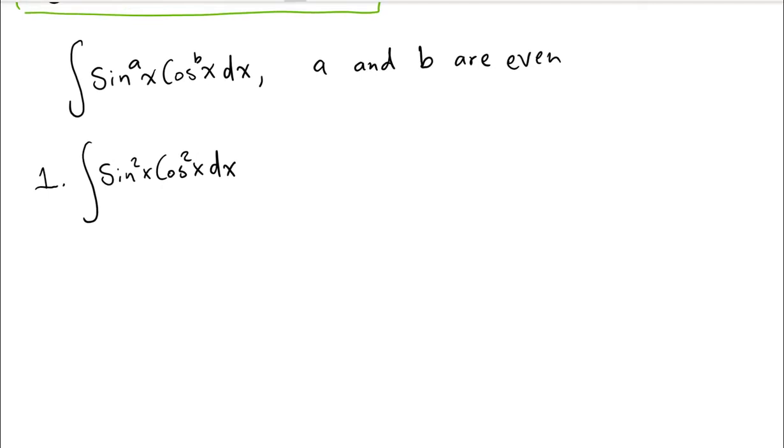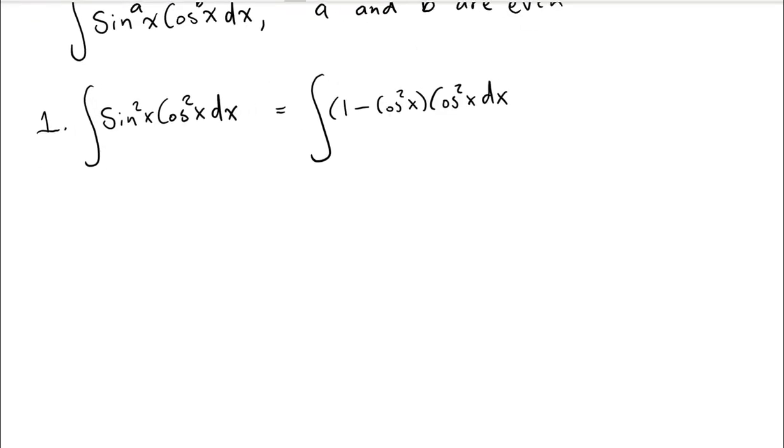Instead of writing this like 1 minus cosine squared of x times cosine squared of x dx, and then distributing the cosine squared and applying the reduction formula, we're going to write the two trigonometric identities that we wrote above and plug them in here for sine squared and cosine squared.